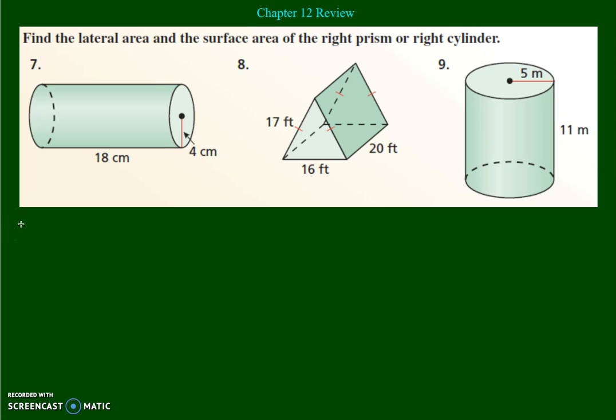And lateral area of a cylinder, again, just like we did in 7, it is circumference times height, which is 2 pi r h, which is 2 pi, the radius is 5, and the height is 11.